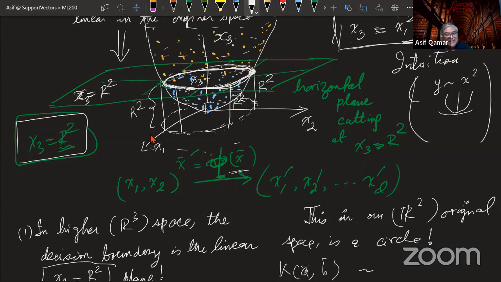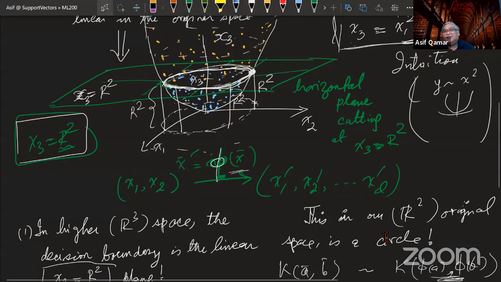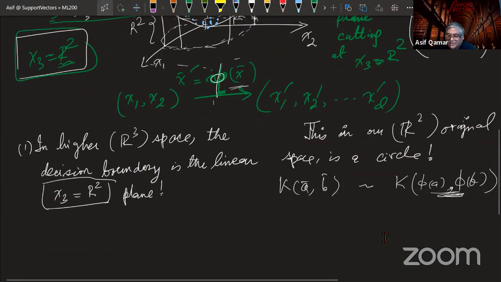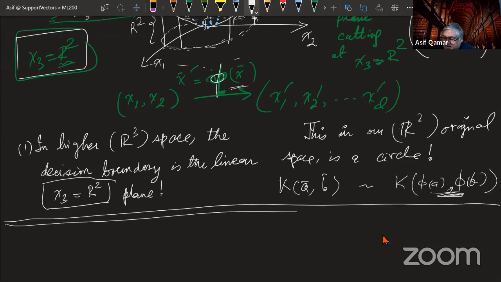If these things get transformed into the other space, we could say that there is a phi A, phi B, and this kernel function can be computed without necessarily understanding explicitly what this phi is in closed form. It's the thing that makes this magic computationally possible. So that's a computational detail. Let's not get into that too much till we get to the math class. I hope I summarized the concept of the kernels.